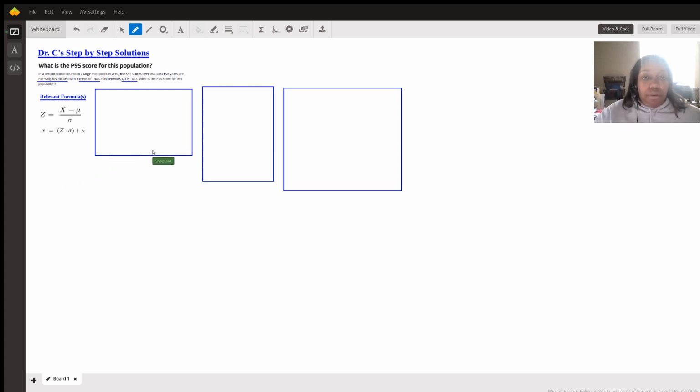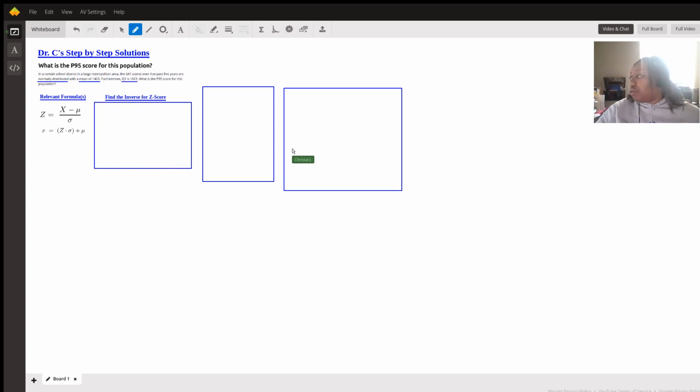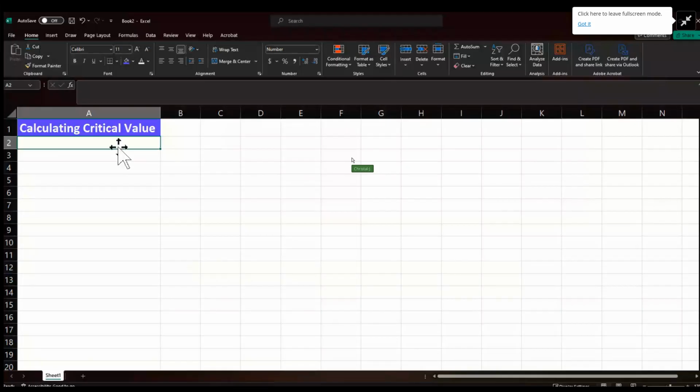So first things first, I recommend that we find the inverse of the z-scores, and of course you can do that in Excel. Let me share my screen. So within Excel, you can do the inverse function.